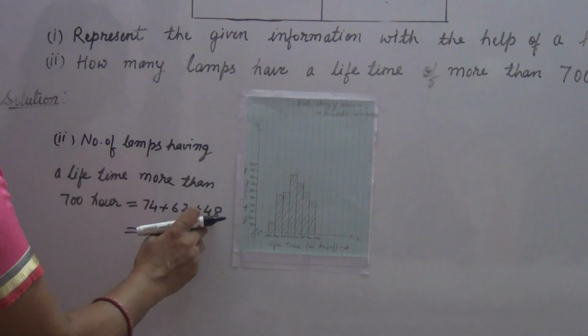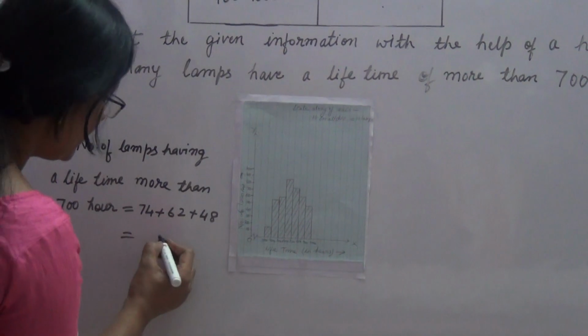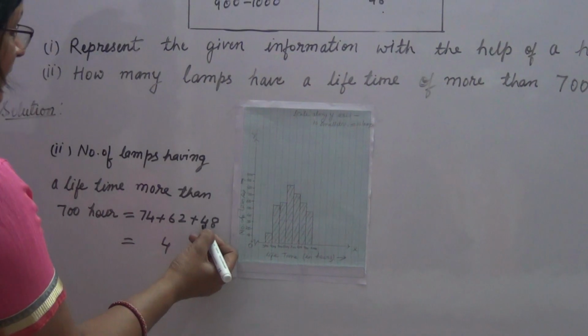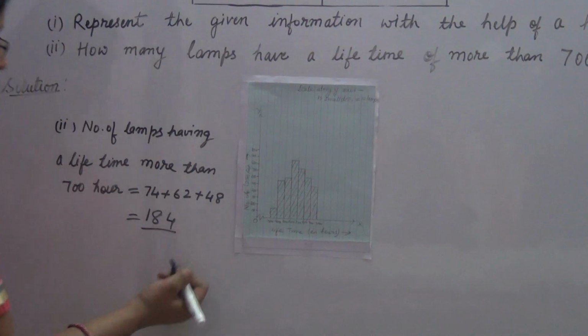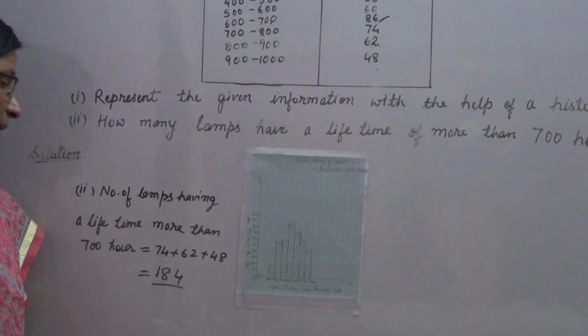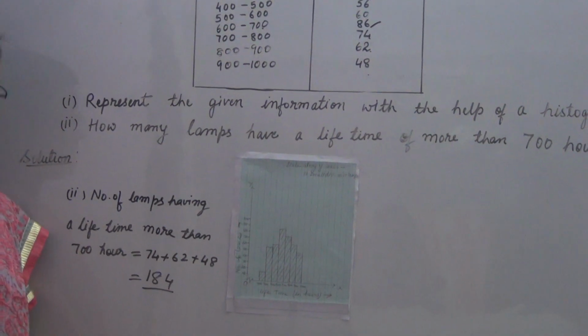We need to add this. 8 and 2 is 10, plus 4 is 14, 5 and 6 is 11, and 7 is 18. So the required answer is 184. 184 lamps have a lifetime of more than 700 hours.